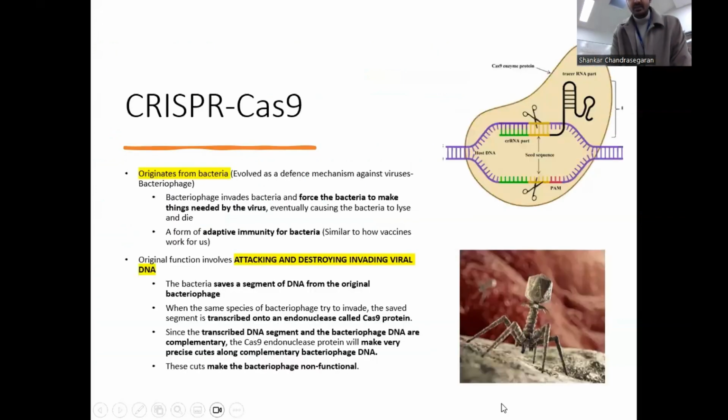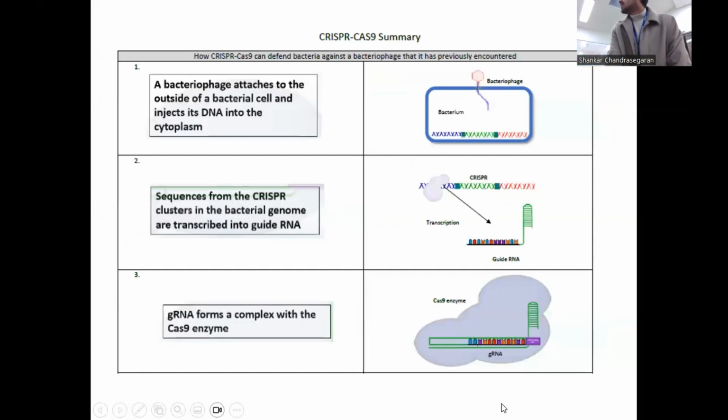So, essentially, first things first, bacteriophage invades the bacteria, and once the bacteria survives, it saves a copy of that bacteriophage DNA into the spacer part of the CRISPR sequence. And when another bacteriophage invades, the bacteria will make a guide RNA, this molecule, using the CRISPR sequence, specifically the spacer sequence, where it makes an RNA copy of that spacer sequence.